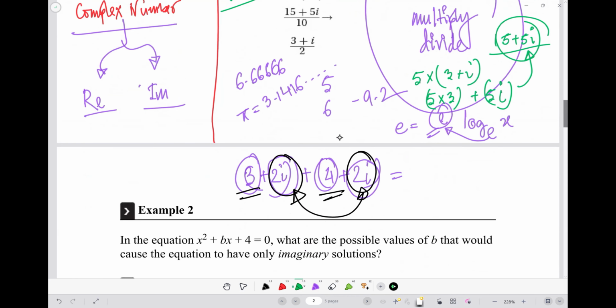For an example, think like this: a plus ib multiplied by a minus ib.